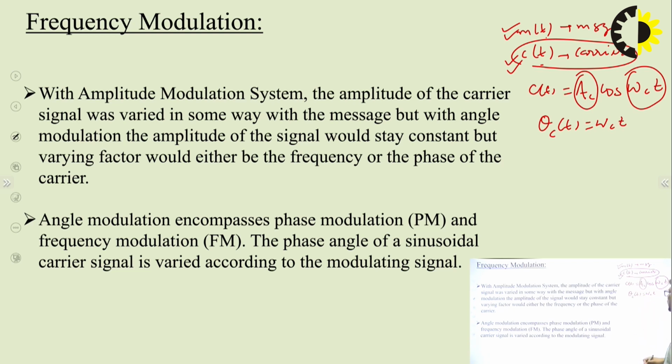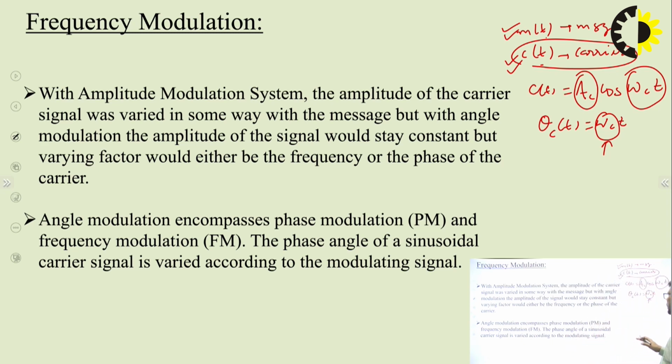We can change the angle by varying the frequency of the carrier signal. If we vary the frequency of the carrier signal in accordance with the instantaneous value of the modulating signal or message signal, then we have frequency modulation. That is the case we will discuss in the further study.